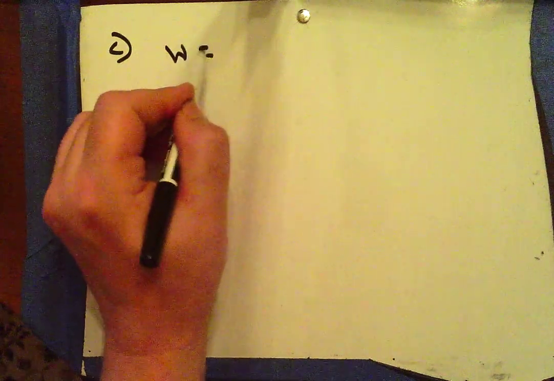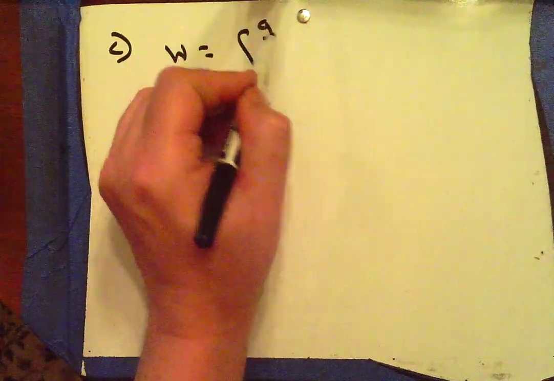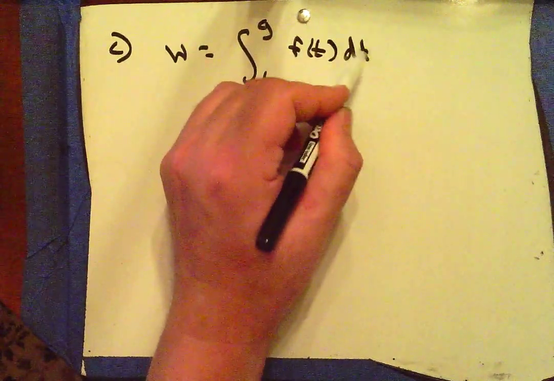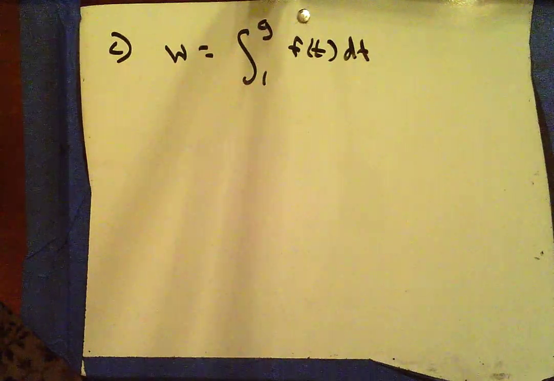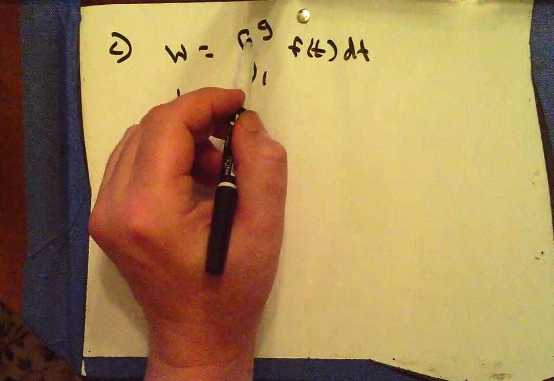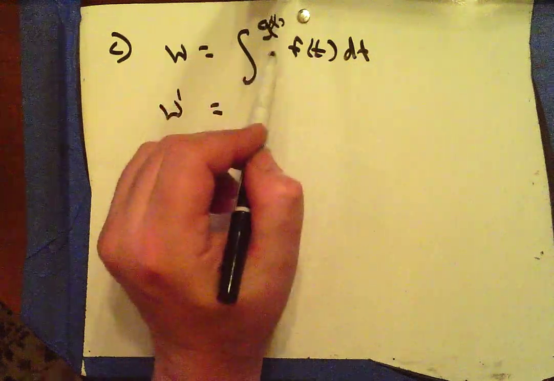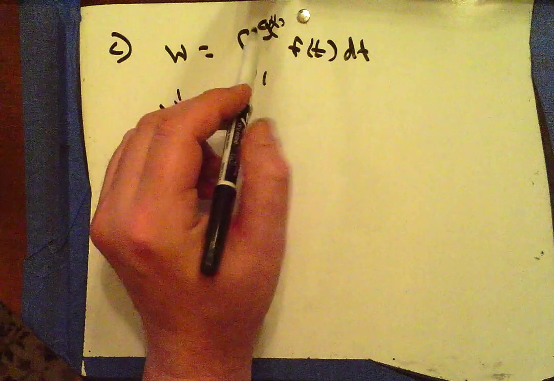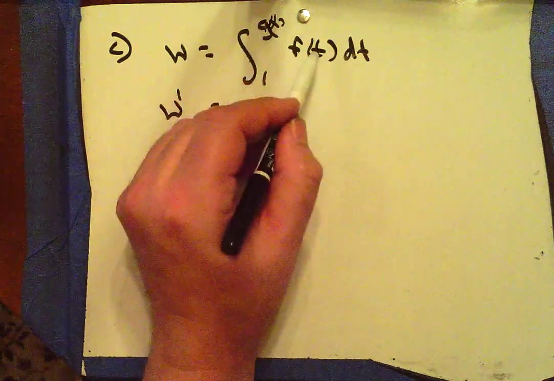What about part C? C says, let W be defined in this interesting way: integral from 1 to g of x of f of t dt. Okay, and we want to know W prime. So here's an opportunity for us to use FTC1. When I take the derivative of the integral, this goes in here.